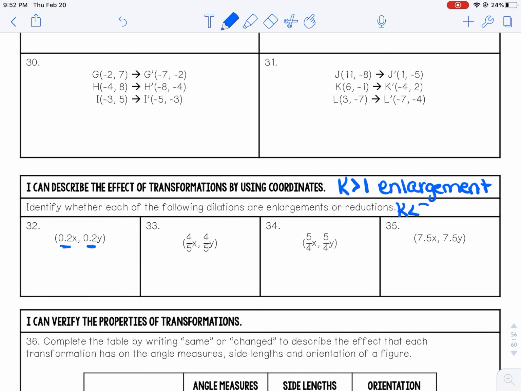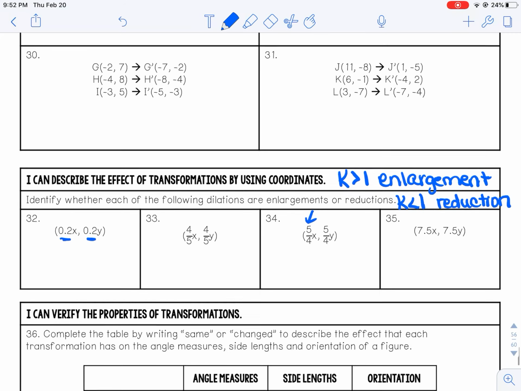If it's a reduction, k is less than 1. That should only take you about 30 seconds to answer all 4 of those. If you have to use your calculator to divide these fractions out to make sure it's a decimal that's less than 1 or greater than 1, by all means do so.